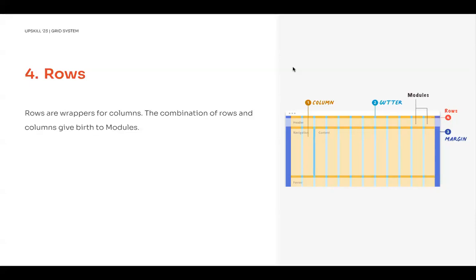When you want to see all the products on a particular page, you see different cards showing different products. There's equal spacing by the side and at the top of the cards. What helped with that spacing is the rows and the columns that came together to form a module.